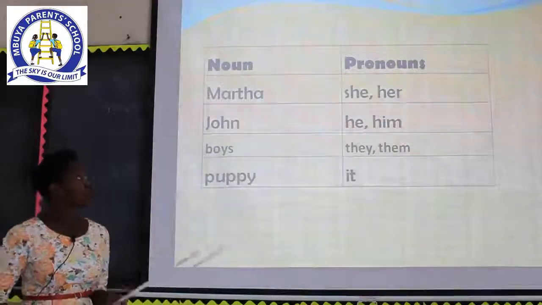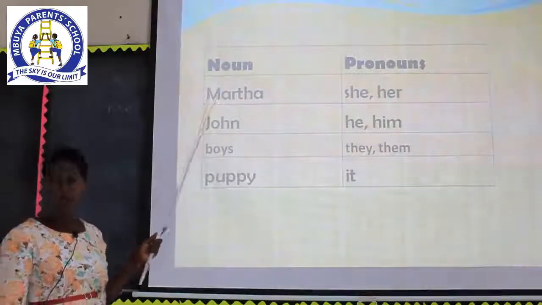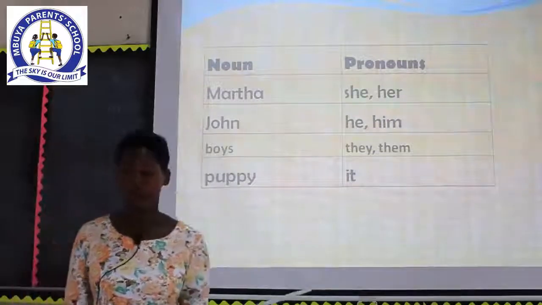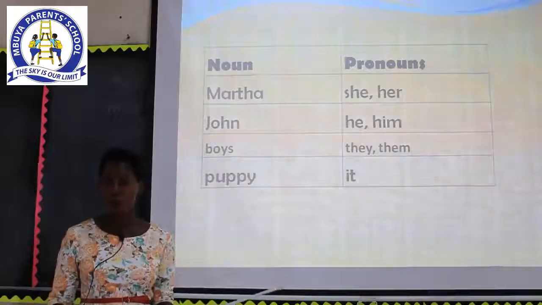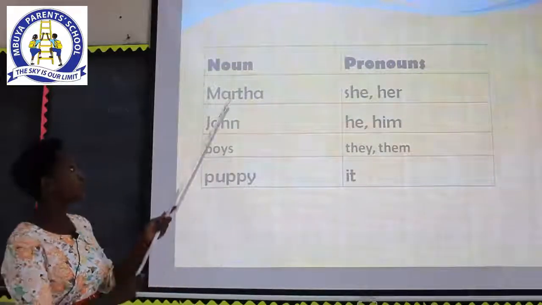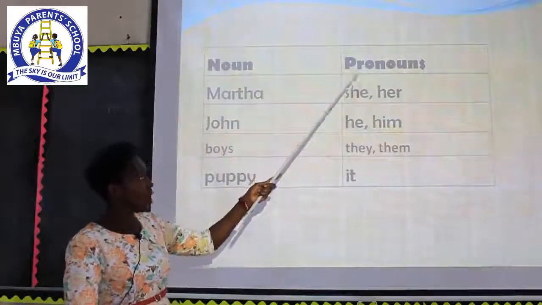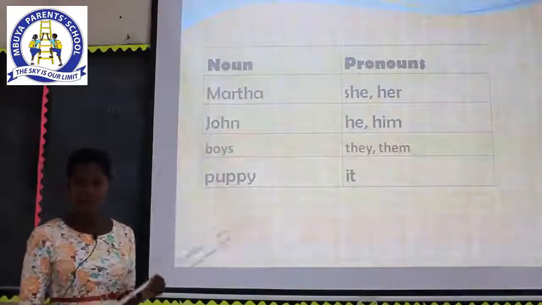For example, we have nouns here. Martha. Martha is a name of a female person. It can be a girl or a woman. So instead of saying mother, we can say she. So she and her are pronouns used instead of a female.